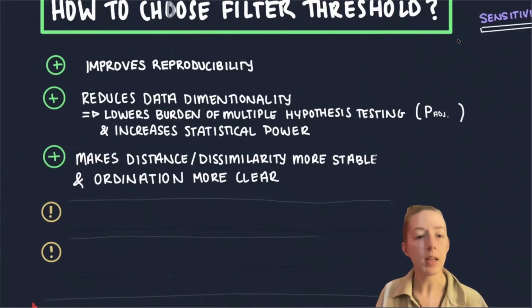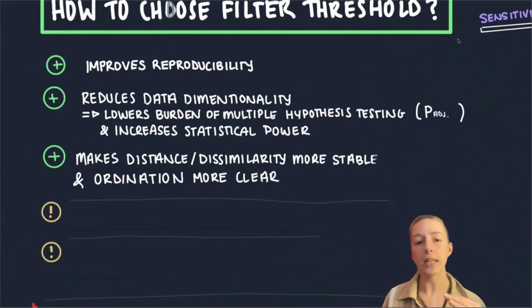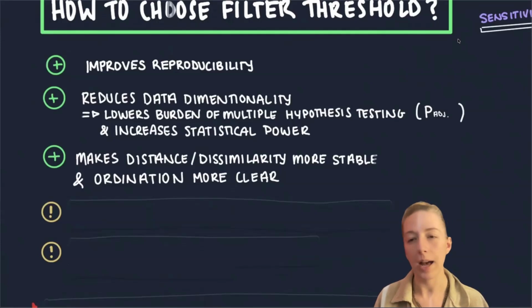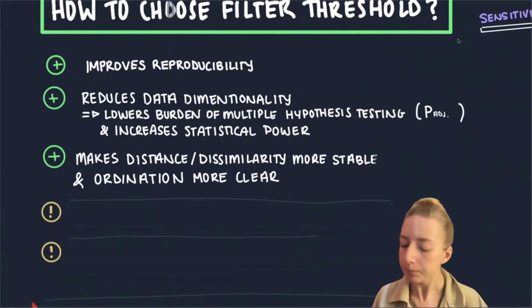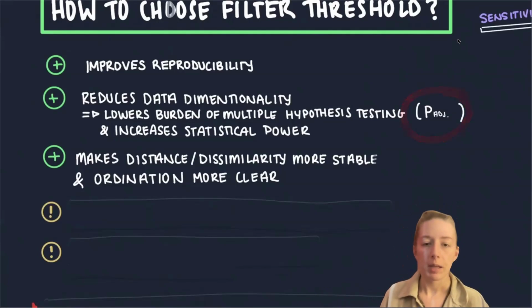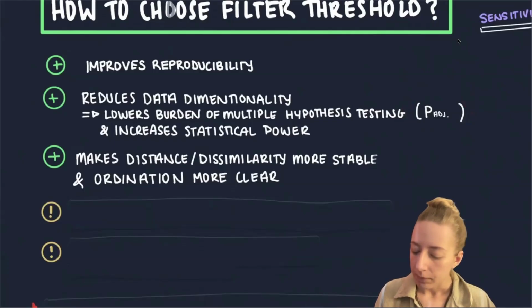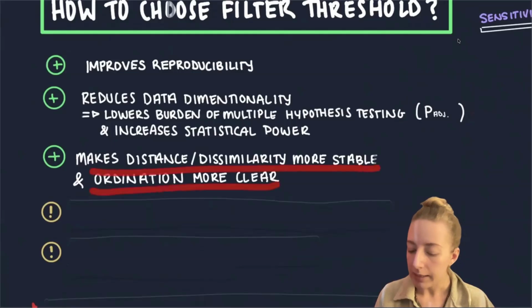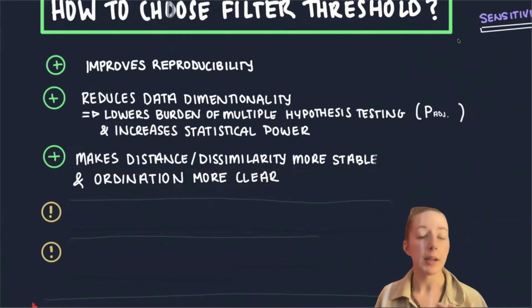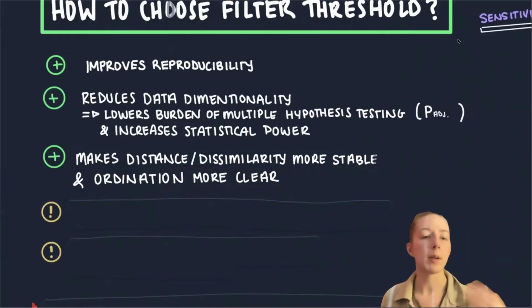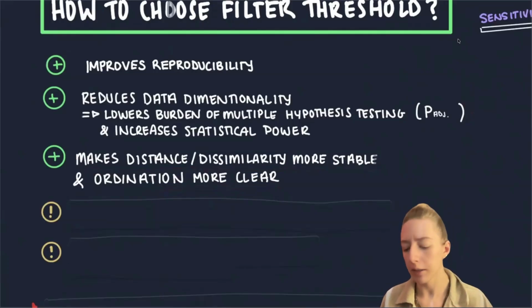Well, if we have less OTUs that we're running statistical tests on, we have less of a chance of having false positives and therefore overall higher p-adjusted values. Another thing that we can look into is how it can stabilize any distances or dissimilarity measurements or ordinations. So it can kind of stabilize some measurements down the line, which we'll talk about another time.